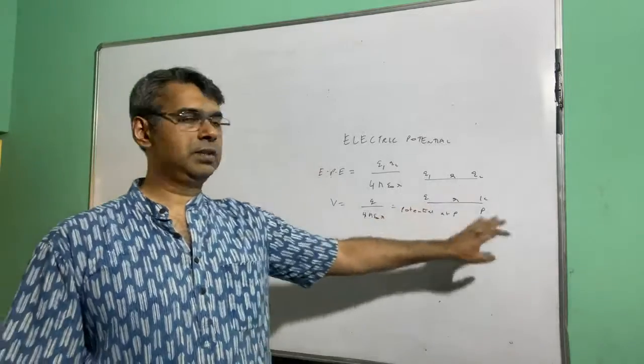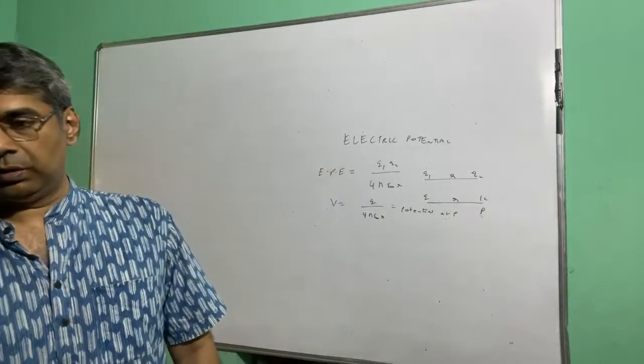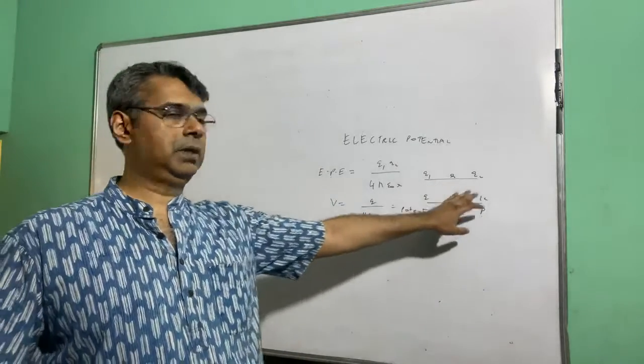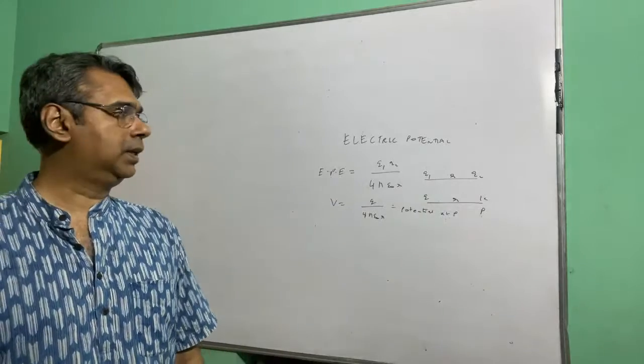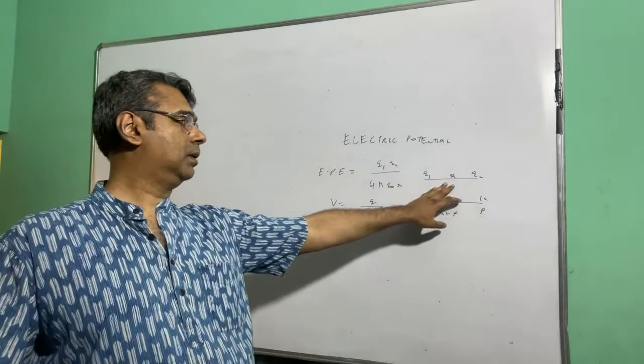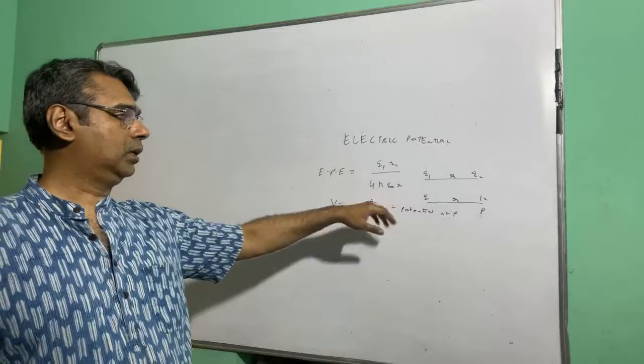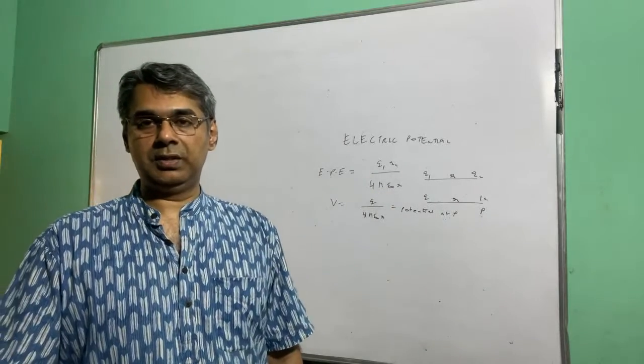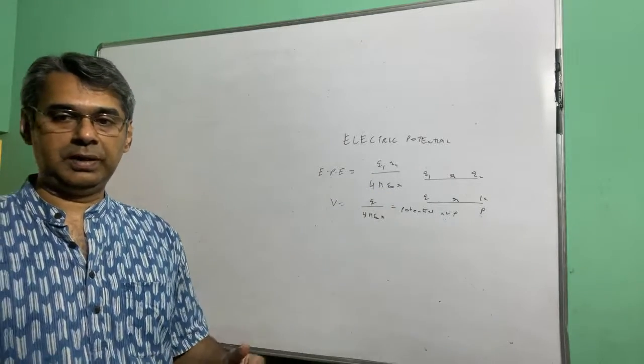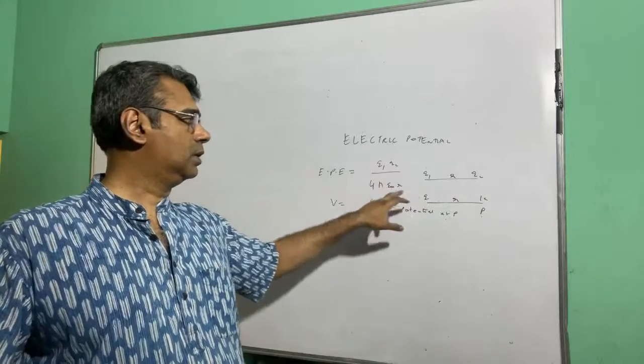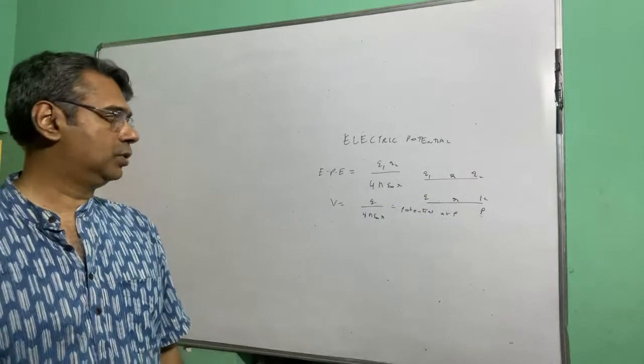So the work done to change the separation between them from infinity to r is called the potential energy of these two charges.